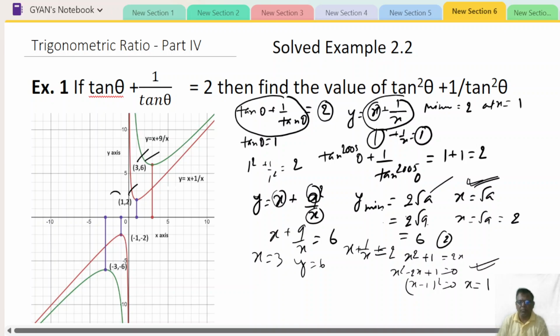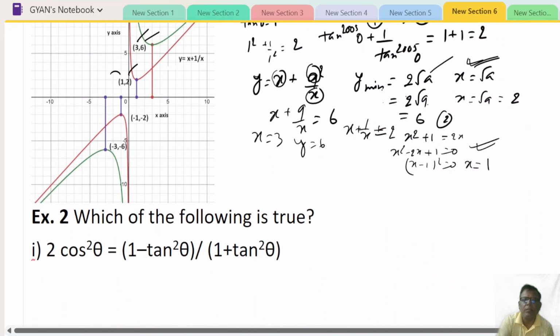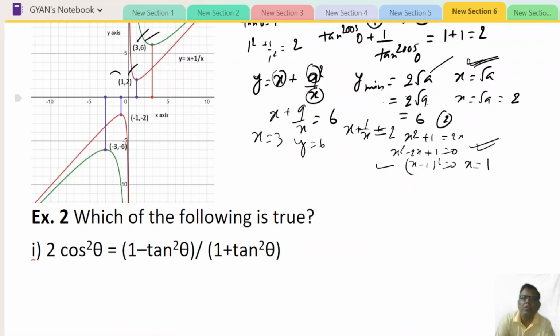So you got this also, but this is the fundamental. So tan square theta, even tan cube theta plus 1 by tan cube theta will also be 2 because this x is equal to 1.